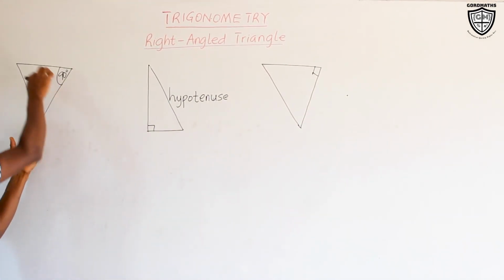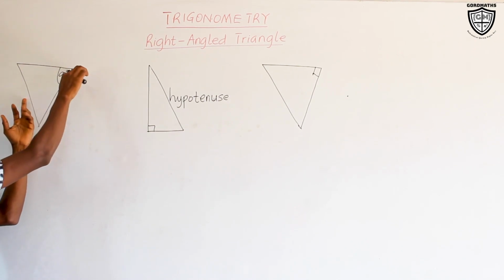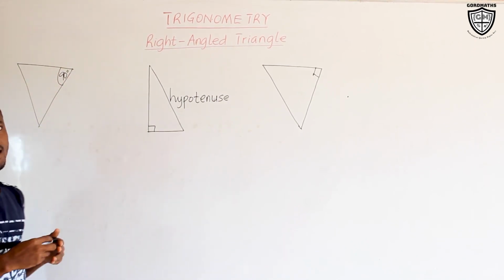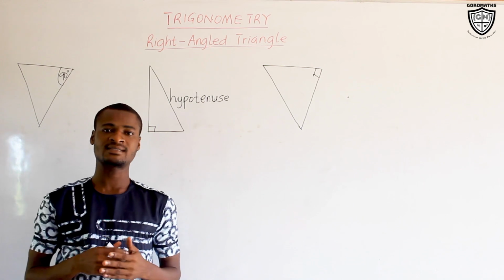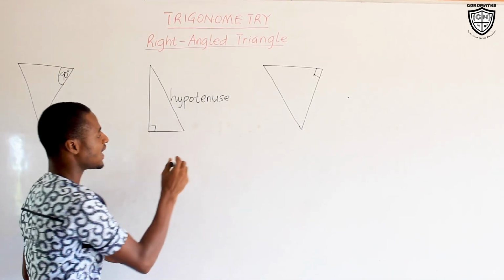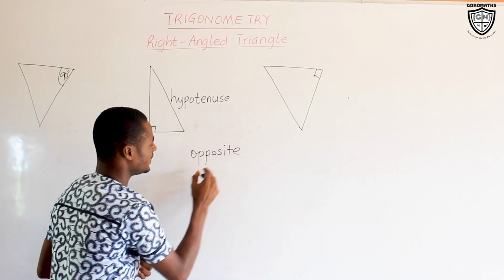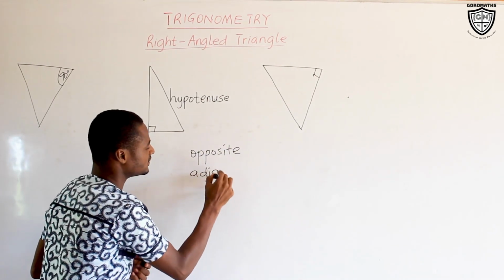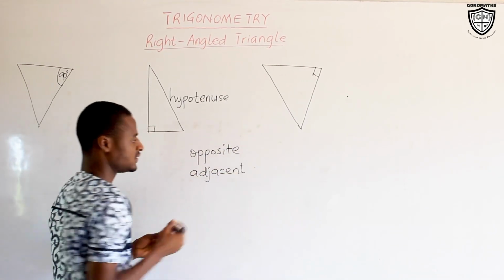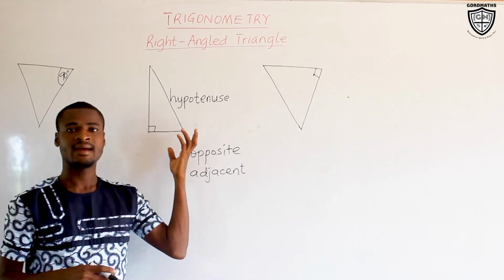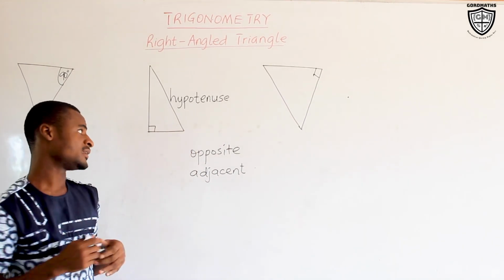In this triangle, this side faces the angle 90 degrees, and it is the hypotenuse. The two other sides of this triangle are called the opposite and then the adjacent, depending on where a certain angle is located.